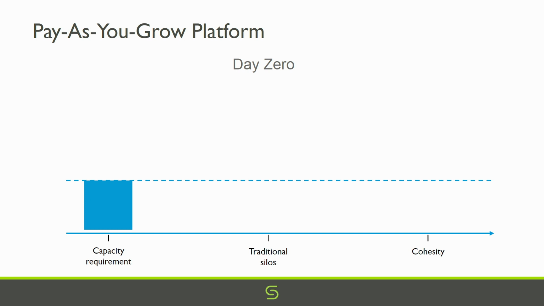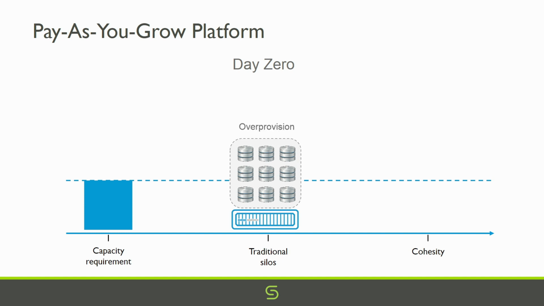From a capacity planning standpoint, imagine that you need, say, 100 terabytes of capacity on day one. If you're going to deploy a conventional dedupe appliance, like a Data Domain, for example, you're going to need to over-provision capacity, right? Because you don't want to run out. You're basically sizing the head based on your needs, not just of today, but you want to make sure that you have enough to meet future needs as well.